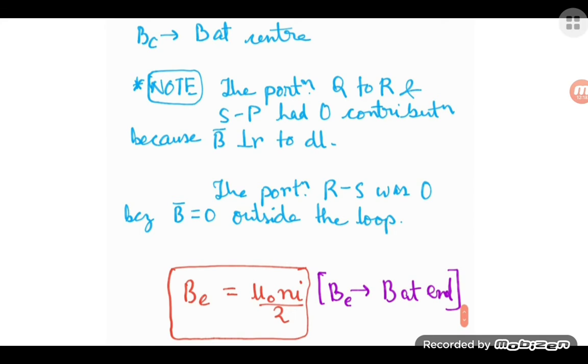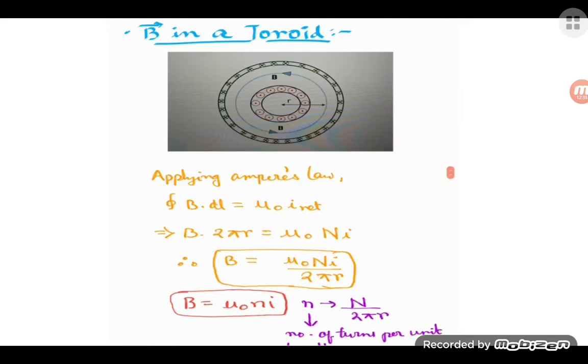And then the magnetic field at the end of the solenoid will be mu naught N I upon 2. This is because the end is divided into 2 parts, so each part contributes half and half. That is why it comes to be mu naught N I upon 2.